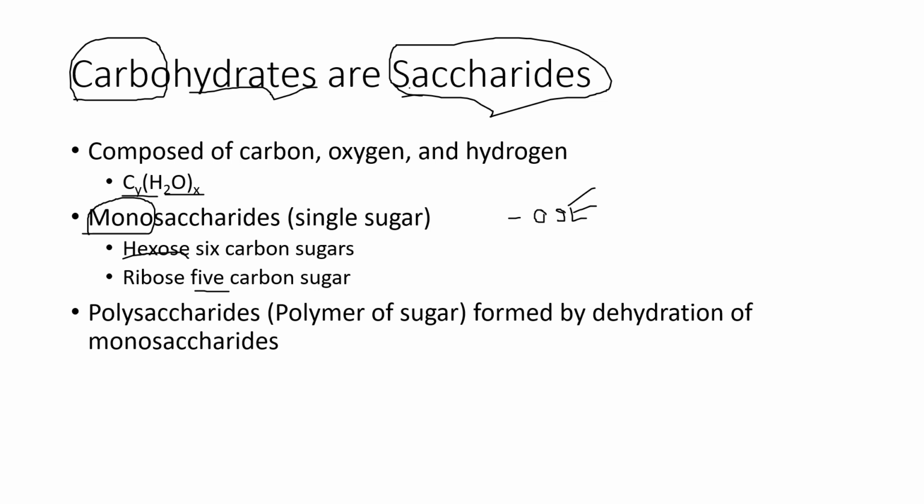So when you're talking about ribonucleic acid, ribose tells you it has a 5-carbon sugar and it has a nucleotide. Now you do have polysaccharides and disaccharides. A disaccharide would be two monosaccharides which have been linked together through dehydration, and a polysaccharide is many of these.